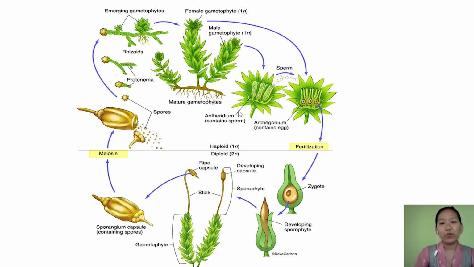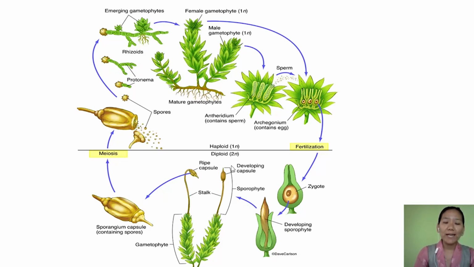Male gametophyte produces male gametes, female gametophyte produces female gametes, and they both fuse to form a zygote, and this zygote will develop into the sporophyte. The sporophyte is diploid here, and its structure is more elaborate as compared to liverwort.